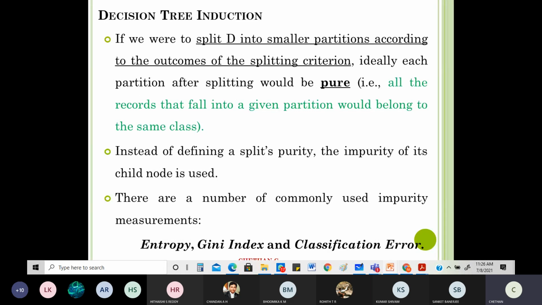Terminologies need to be known because it's an answer that needs to be written under data mining. But in full depth, if you want to know, you have to wait for the next semester. I think in machine learning you are going to learn all those things in depth: what is entropy, what is Gini index, everything.